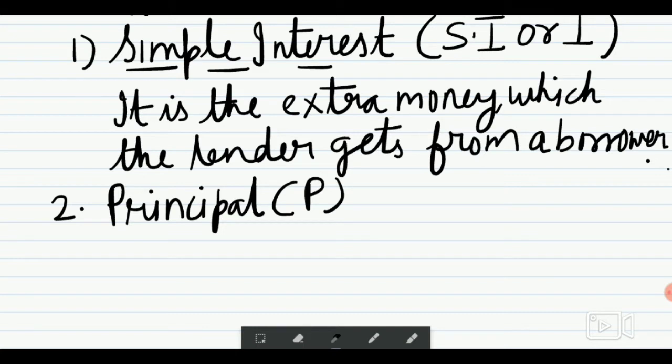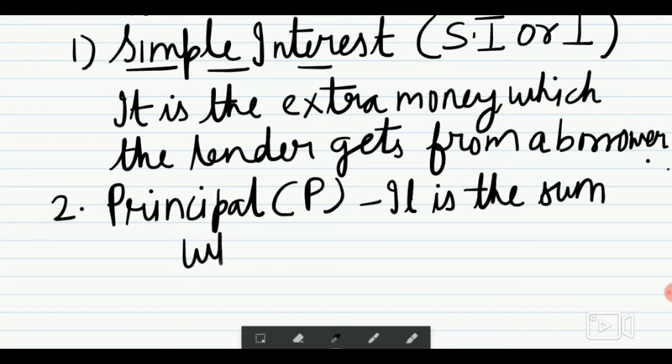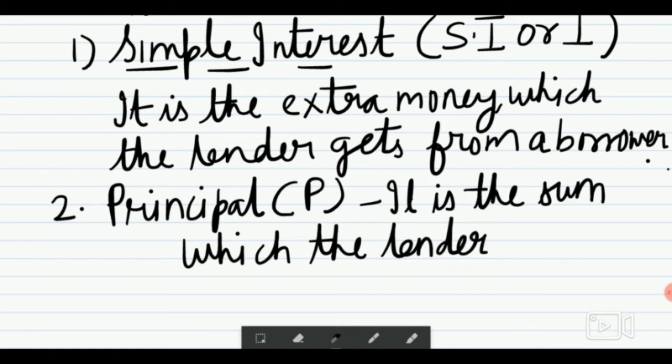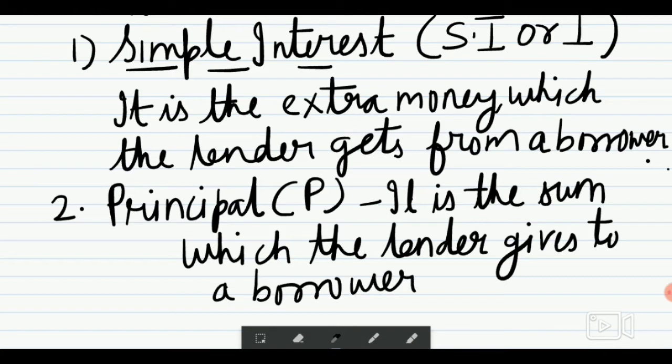It is the sum, or we can say the money, which the lender gives to a borrower. The money which the lender gives to the borrower.